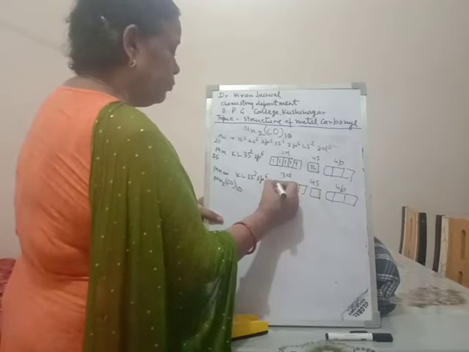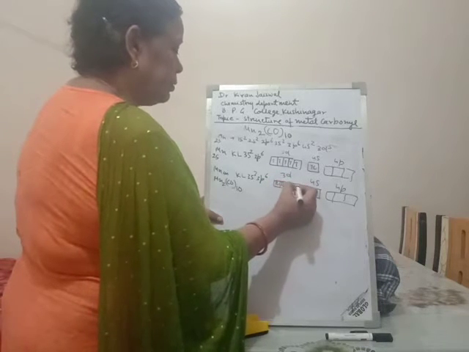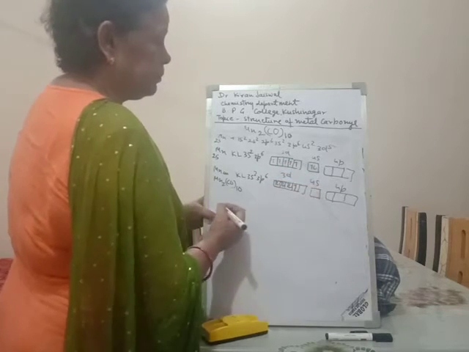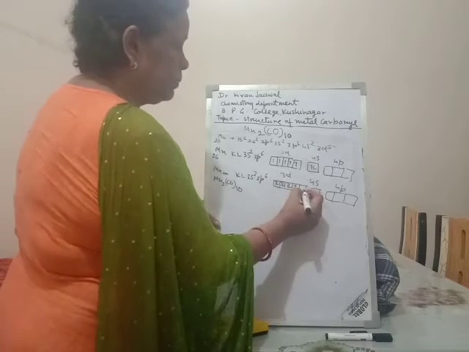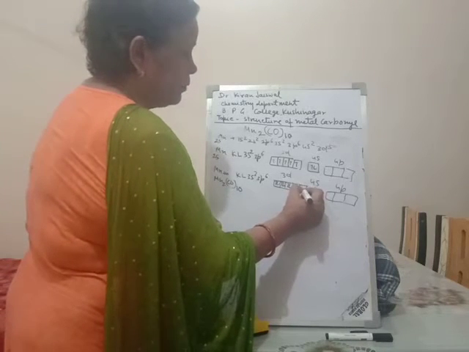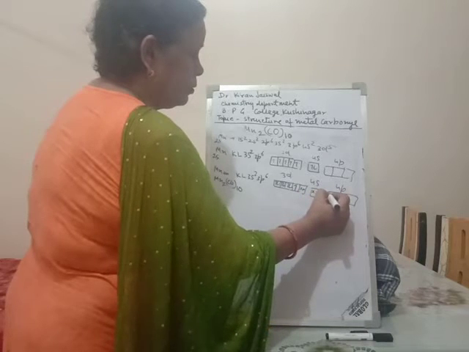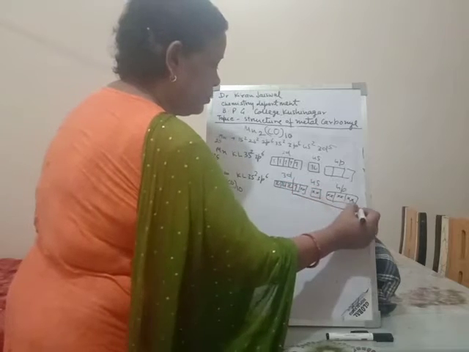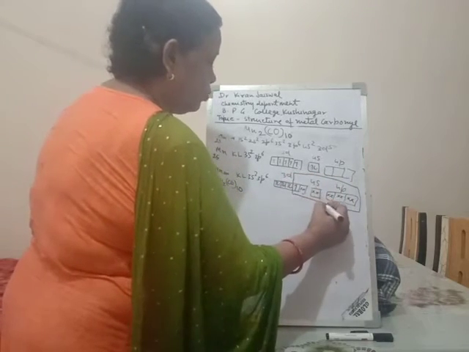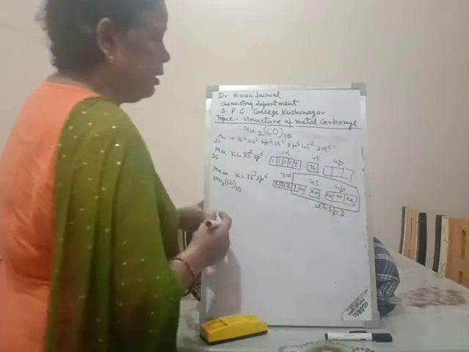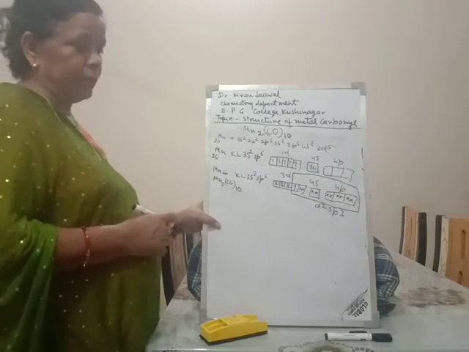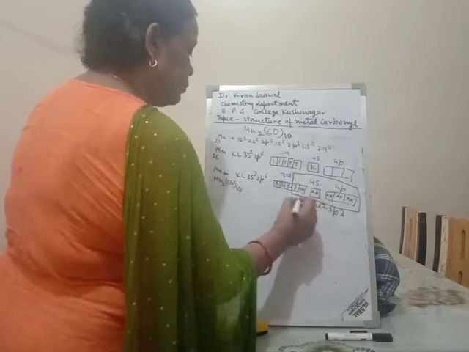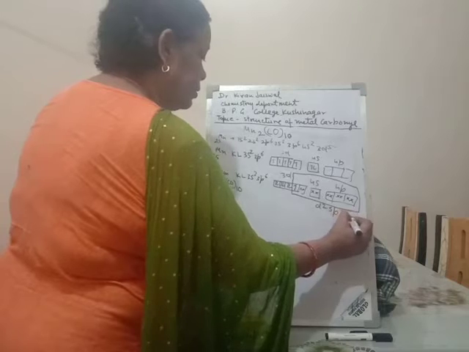In this case there is d2sp3 hybridization, and this is a diamagnetic d2sp3 hybridization.